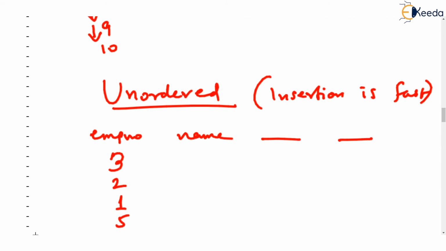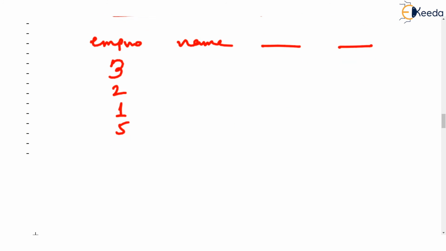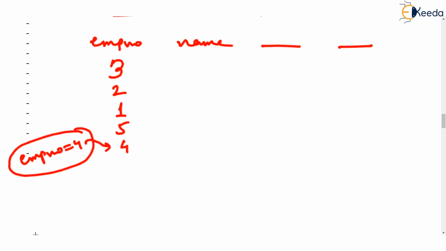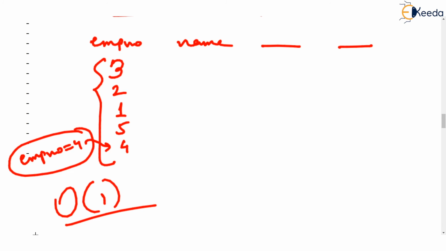Now suppose a new person joins with employee number equal to 4. Then who cares? Anyway, the file is unordered. You can ask this person to join at the end. So insertion will take a constant time of O(1), isn't it? It will be very quick. Just add the new employee at the end.